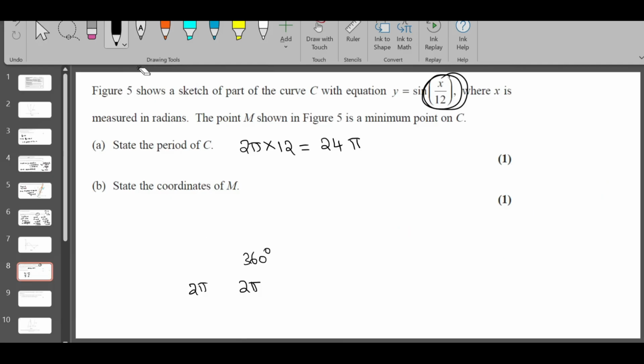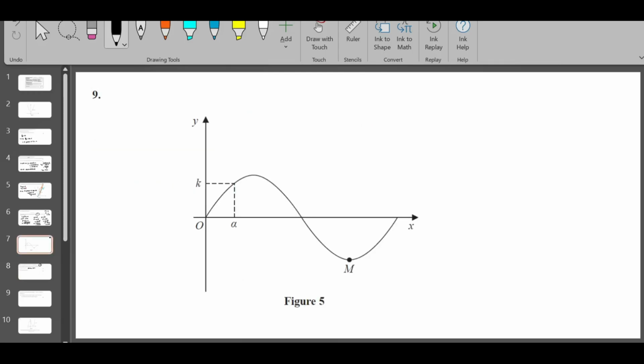And then state the coordinates of M. M is this, okay. Always compare it with the basic sine graph. In the basic sine graph, this is pi over 2, 2 pi over 2, 3 pi over 2. So it's 3 pi over 2, comma minus 1. That's for sine x.